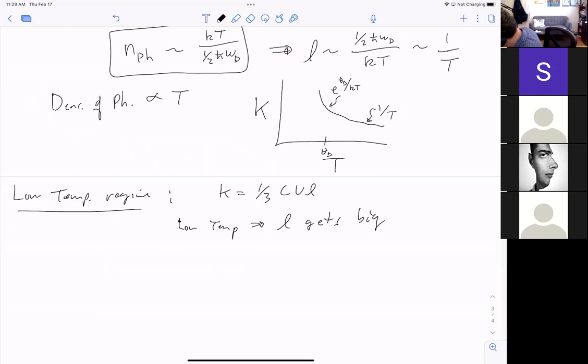And it gets so big that L becomes on the size of the crystal. And so if I reduce the temperature and the mean free path hits the size of the crystal, what does the mean free path do as I keep reducing temperature? What is the temperature dependence of the mean free path as I keep reducing temperature? Can someone tell me?